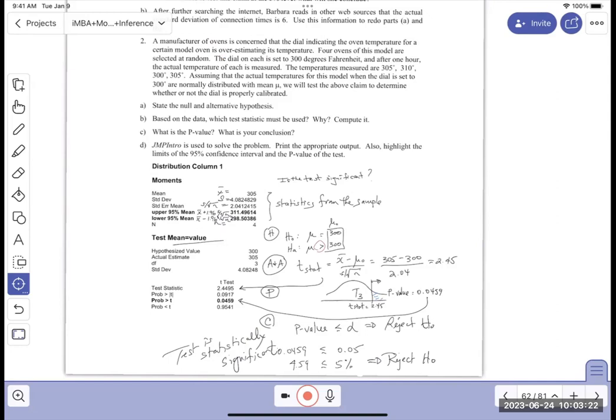And we did all these steps. So in the end, we rejected the hypothesis that they were set at 300. And in fact, yes, they are overestimating the temperature.